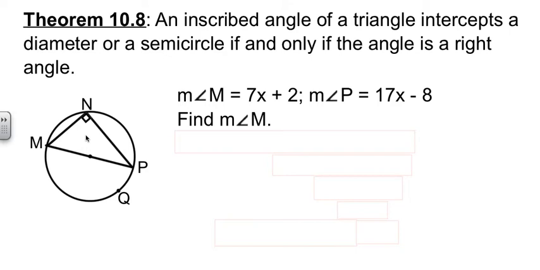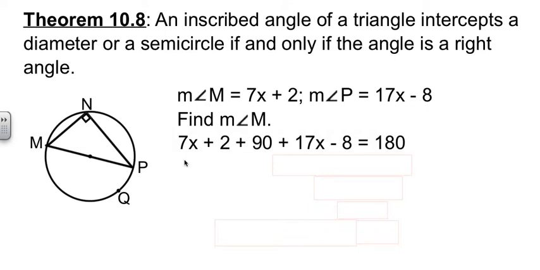Okay, this is just a variation on that same theme, that the angle is half the arc. So now our job is to figure out angle M based on knowing that that's a right angle and having information about M and P. Well, we know that the angles of a triangle make 180. So the first angle, M, plus the second angle, N, plus angle P equals 180.